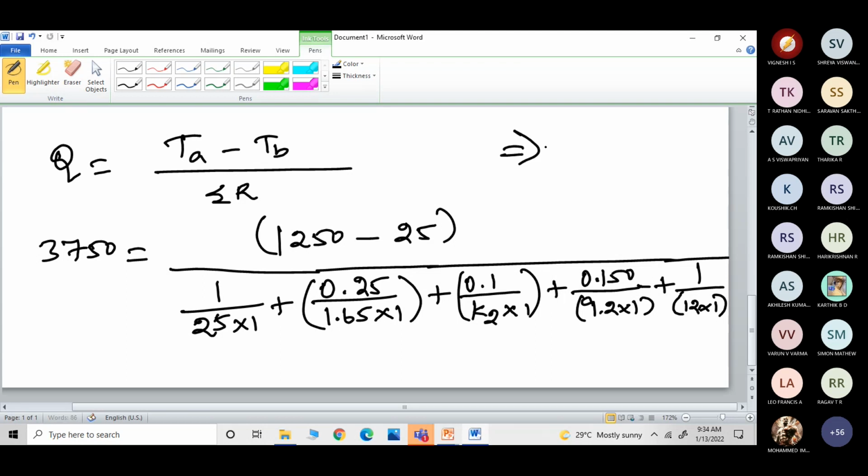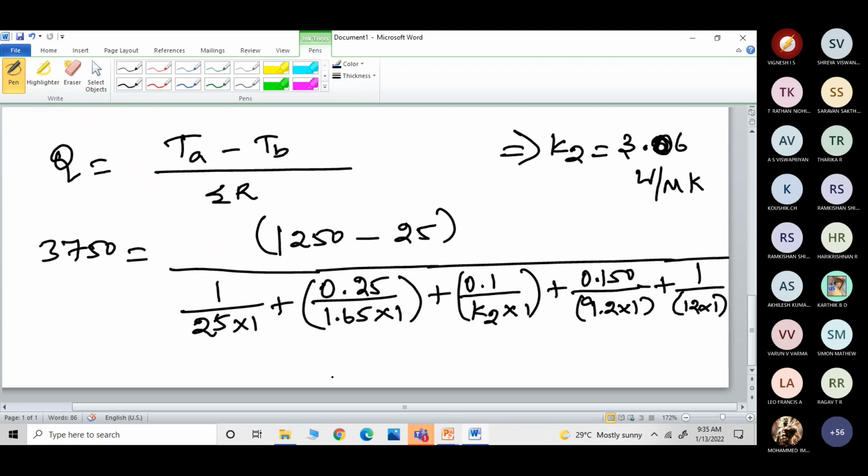Which implies K2 equal to 3.06 watt per meter Kelvin or watt per meter degree C. See, in the first class itself I told you that watt per meter Kelvin and watt per meter degree C are equal; we can write either way.